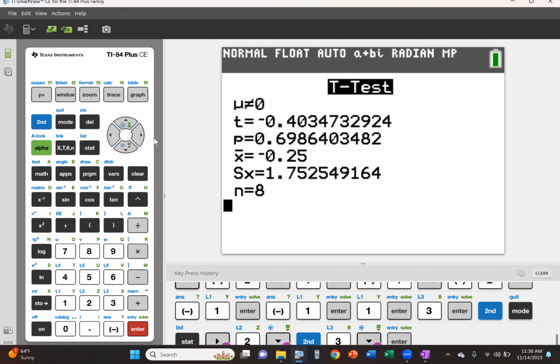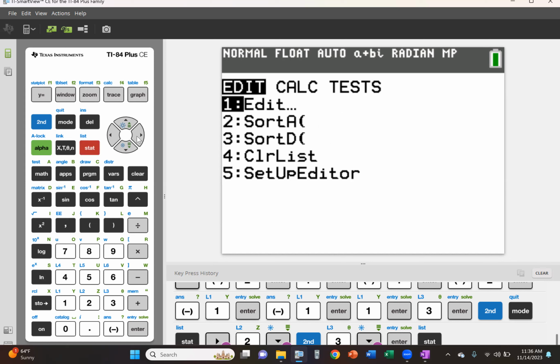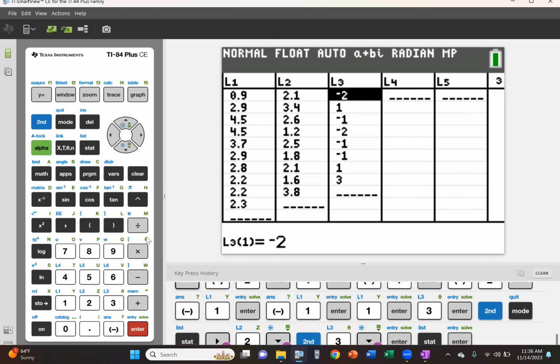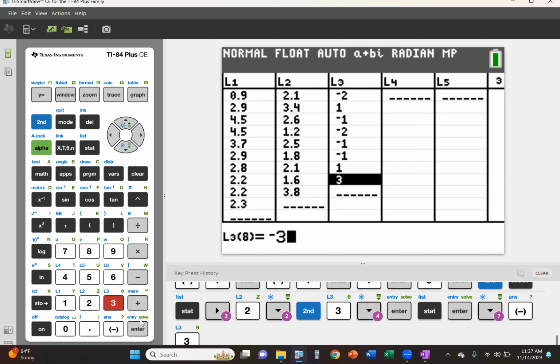Well, that would be a problem. So in real time, you're going to get to see me fix this. I'm going to go back to my lists and fix that last difference. It should be -3, not +3. 48 minus 51 is -3. All right, let's try that again.